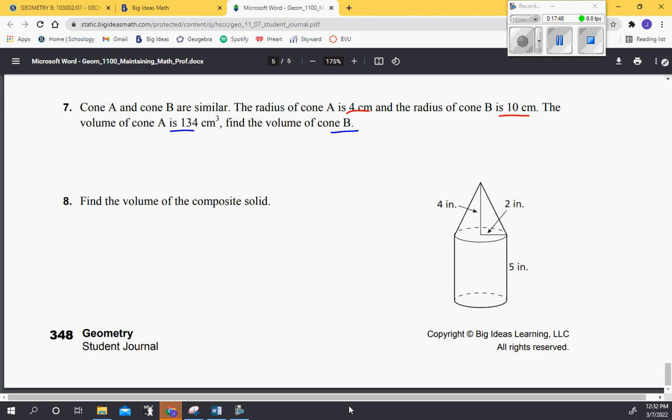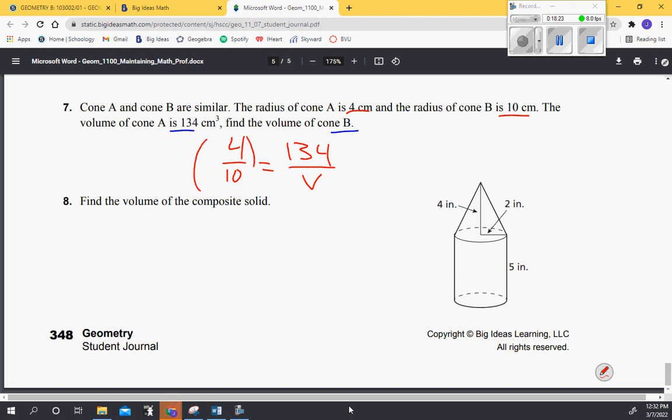We're going to do this setting up a proportion. We're going to say 4 over 10 is equal to 134 over V for volume of cone B. So we took the radius, set it up as a proportion, 4 over 10. Took the volumes, set it as a proportion, 134 over V. And now, we have to cube our measures, not our volume, but our measures.